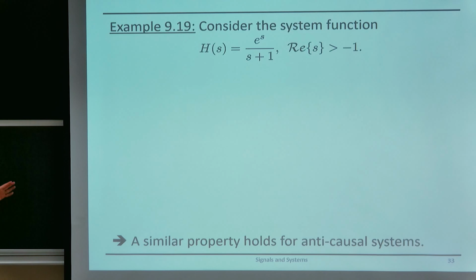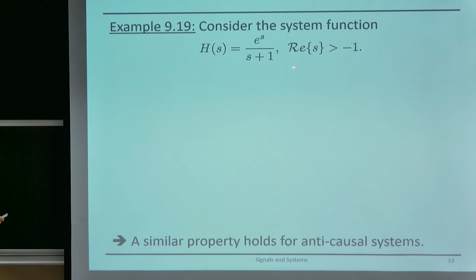Then you ask whether or not the system is causal. If the Laplace transform were rational, then it would be true. But because the Laplace transform is not rational, there is this exponential on top, so we're not sure if it is true or not.